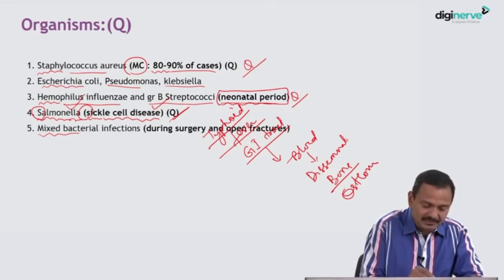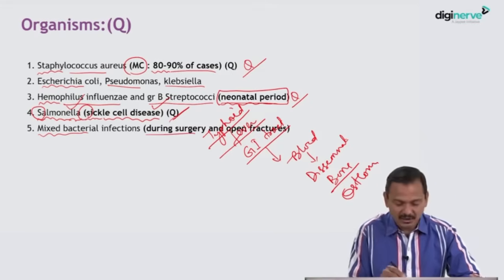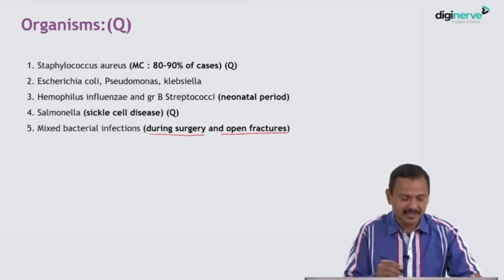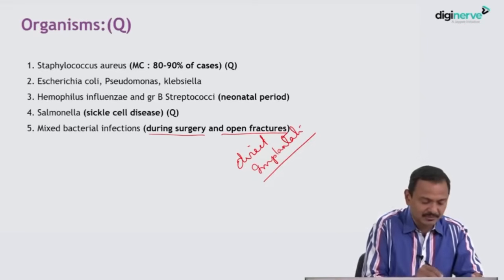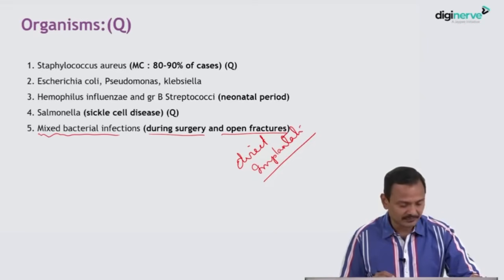Next is mixed bacterial infection, which mostly happens during surgery or if you have open fractures. I have already told you that there is direct implantation. So this is another method, direct implantation, which can lead to a mixed type of bacterial infection or also fungal infection.